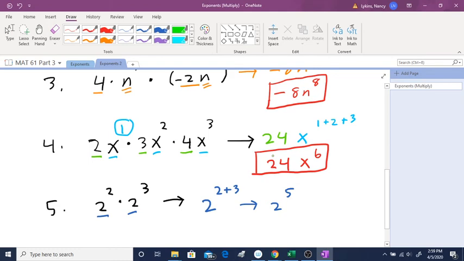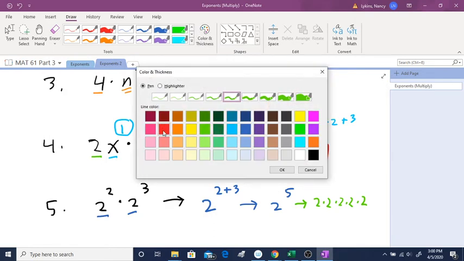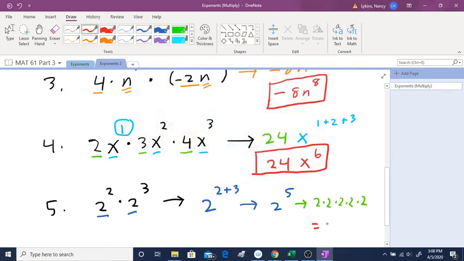And some of us use computer programs to put the answers in. So if you put 2 to the 5th in, it's probably not going to accept it. So what you want to do is you want to do 2 to the 5th power. Now remember, and I want to show us this. This is the same as 2 times 2 times 2 times 2 times 2. Which, if you put it in your calculator, you should get 32.